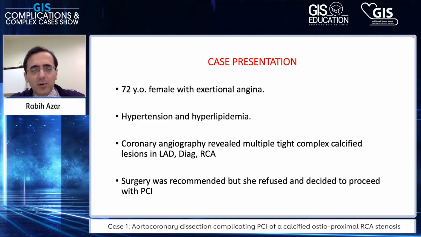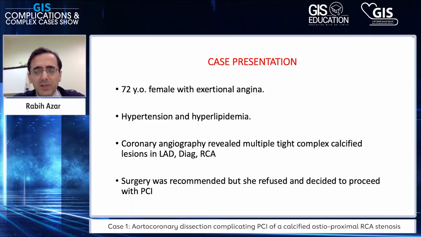And when I did the coronary angiography, she had multiple tight, complex, very calcified lesions in the LAD, in the proximal and mid-LAD, at the ostium of the diagonal, and in the RCA, as you are going to see.